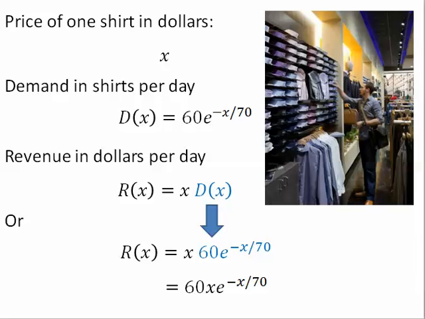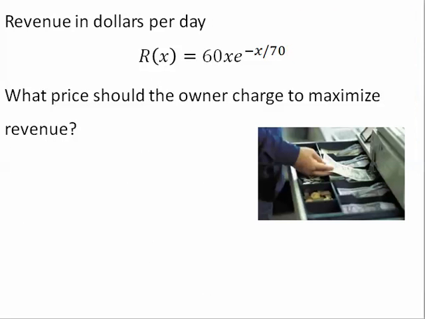Just put the 60 out in front. Alright, so this is our revenue function. It's the number of dollars per day taken in when the shirt costs x dollars. So the question becomes, what price should the owner charge to maximize revenue?